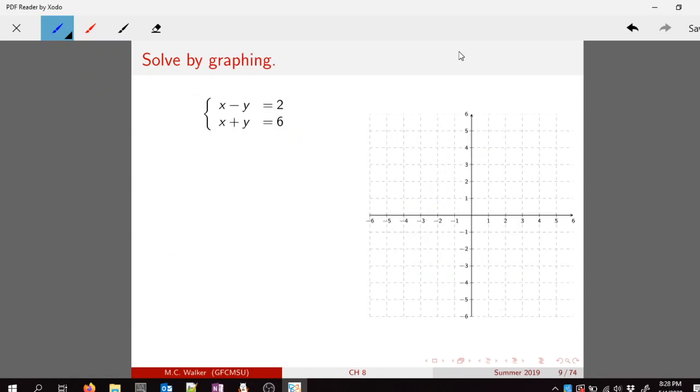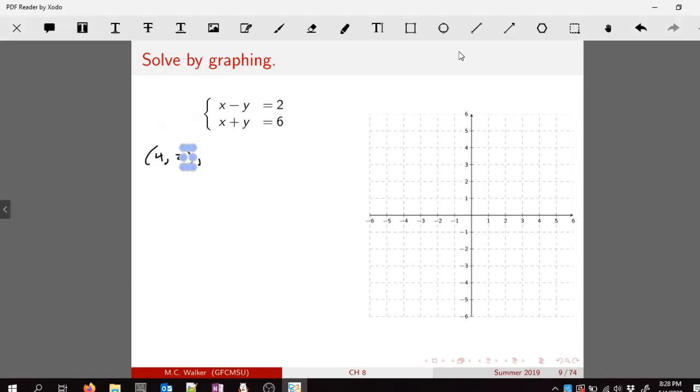So if I wanted to solve this system by graphing, I could just take two values whose difference is 2, like 4 minus 2 is 2, and 2 minus 0 is 2, and I'd go to (4, 2) and I'd go to (2, 0). I could go ahead and connect those.